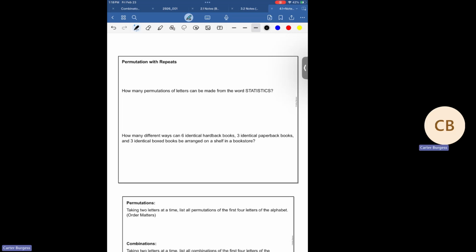Oh, I counted the question mark. Did you count the question mark? Yeah, you're good. So we have 10 letters. And then Liz, what did you observe here? I think 3 S's, 3 T's, and then 2 I's. Yep.